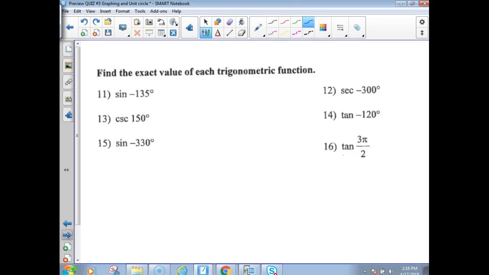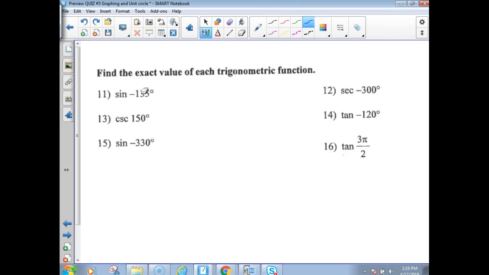Okay. Find the exact value of each trigonometric function. Notice that these aren't necessarily on your unit circle because most of these are negative. I can explain how to get these using the unit circle. I can talk to you about where these are if you need me to. Let me know what you need.